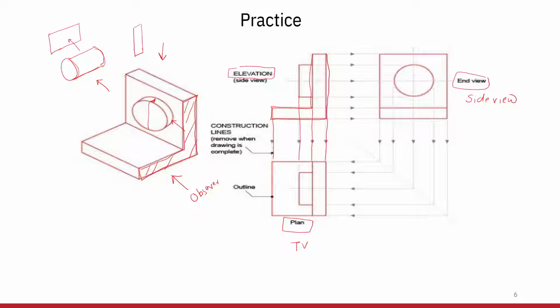Once we know this length and this height, we will be able to complete the object. Then to get the top view, we will project this by following this arrowhead. No need to draw the arrowheads in the exam. These arrowheads are indicated just for reference purposes, to show in which direction we are taking the projections.